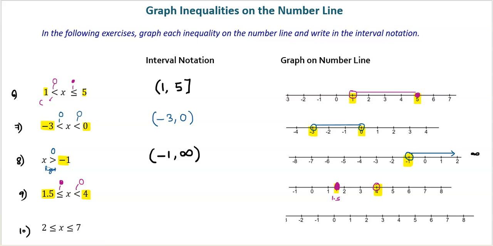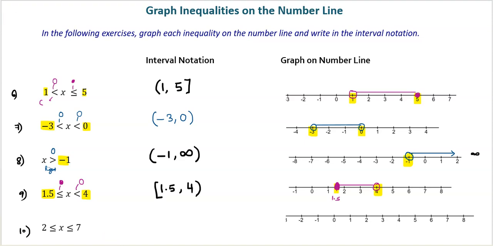Since you have both the points, just join them. When you have both points, it becomes easier to draw a line on the graph or to write the interval, because you have both numbers, 1.5 and 4. It's open, so parenthesis here, and here a square bracket.